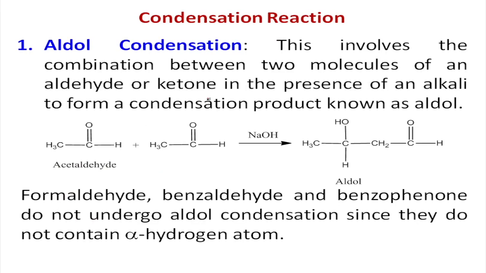Condensation reactions. Number one, aldol condensation. This involves the combination between two molecules of an aldehyde or ketone in presence of an alkali to form a condensation product known as aldol. For example, two molecules of acetaldehyde can condense and form an aldol product.